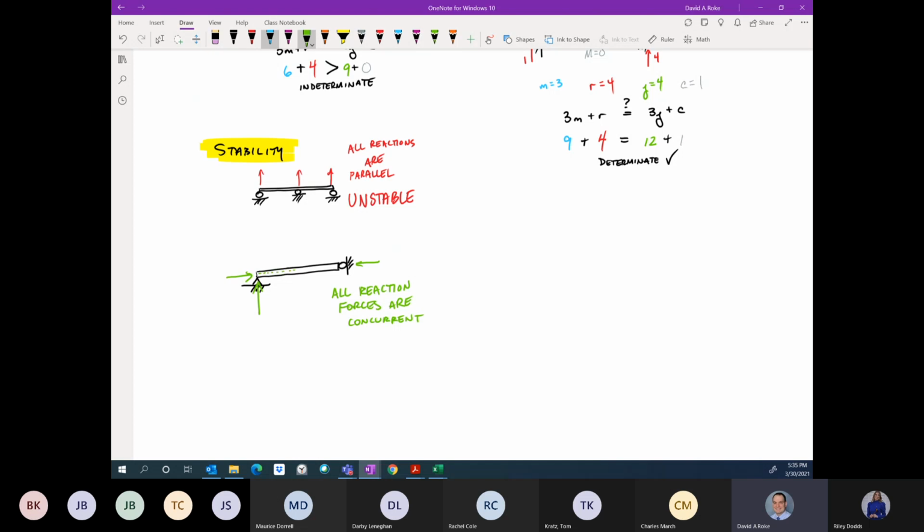The line of action of each of these forces, those lines of action all intersect at this point, which means any kind of force applied to this structure that would cause a moment about this point cannot be resisted. This is unstable.